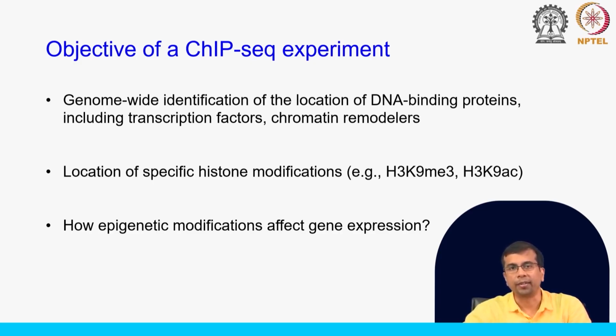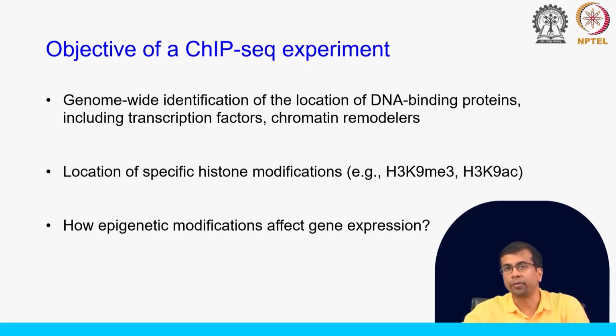In epigenetics there is a lot of interest in knowing what kind of modifications are present in different regions, for example in the promoter of a gene or in the gene body itself, because these modifications can impact transcription factor binding, expression patterns, etc. Again, this is a very important part of epigenetics.